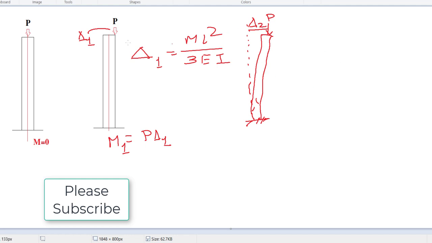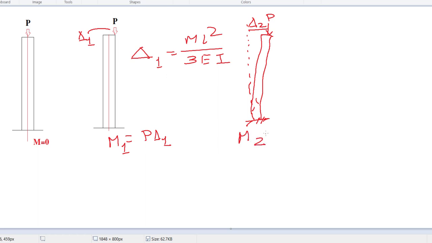Now this process is being repeated. Again, this P is landing at a location which has an offset distance of delta 2 from the actual center line location. That is the lever arm distance this time, delta 2. So a new moment would be generated, that would be P times delta 2.